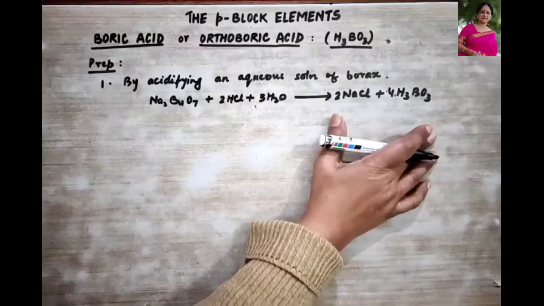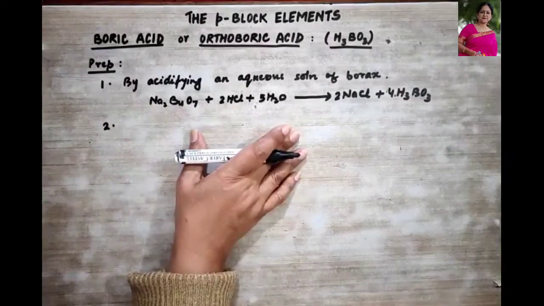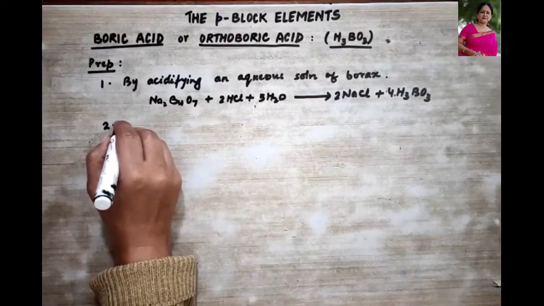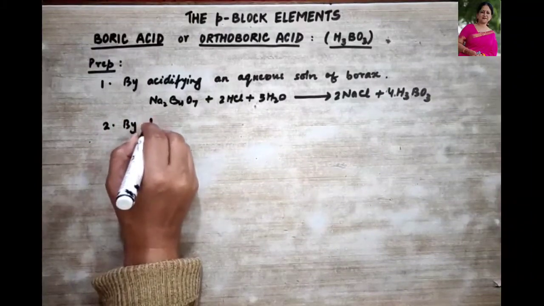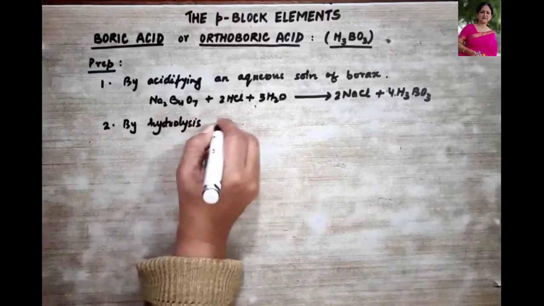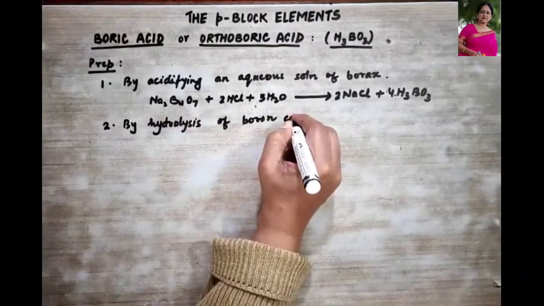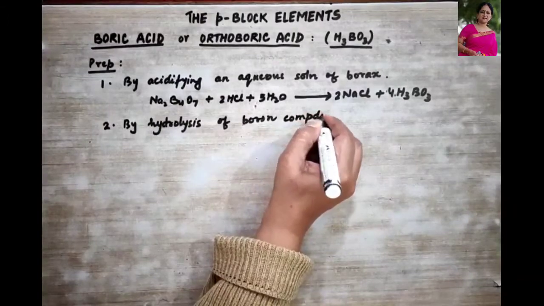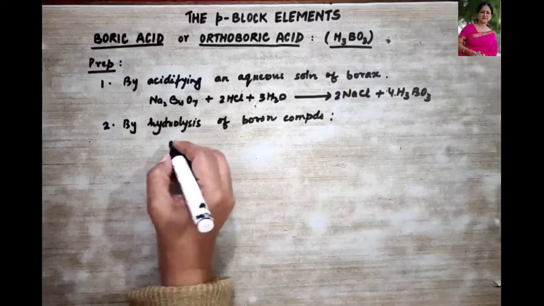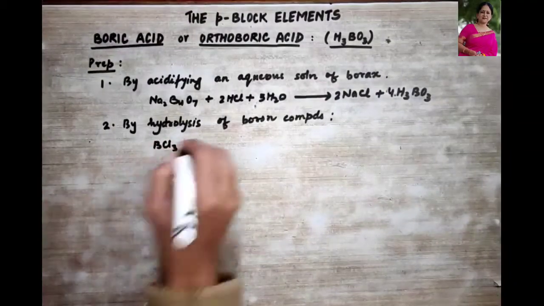H3BO3, right? Boric acid can also be prepared by the hydrolysis of boron compounds. So let us take one boron compound like boron trichloride.